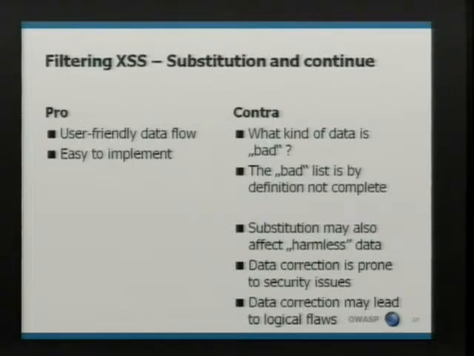In the next point, we could also substitute harmless data at any point, which may affect the business logic of the application, and we also know in general that data correction is prone to security issues as well. So just be aware of it. There are also other possibilities, which I'm discussing later, in how browsers handle specific characters, like null bytes, etc.